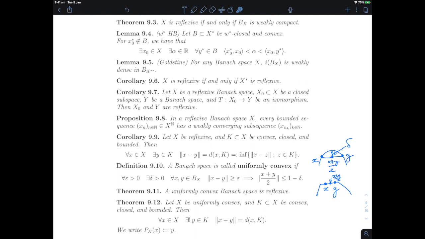You should be asking yourself, how large is this class of uniformly convex spaces? What happens if I have a norm that is not uniformly convex, but that is equivalent to a norm that is uniformly convex? Well, this is a whole world in itself. One of the things you would prove is that the L^p spaces, at least, are uniformly convex, and that reflexive spaces that are not uniformly convex exist, but these spaces are already fairly exotic.